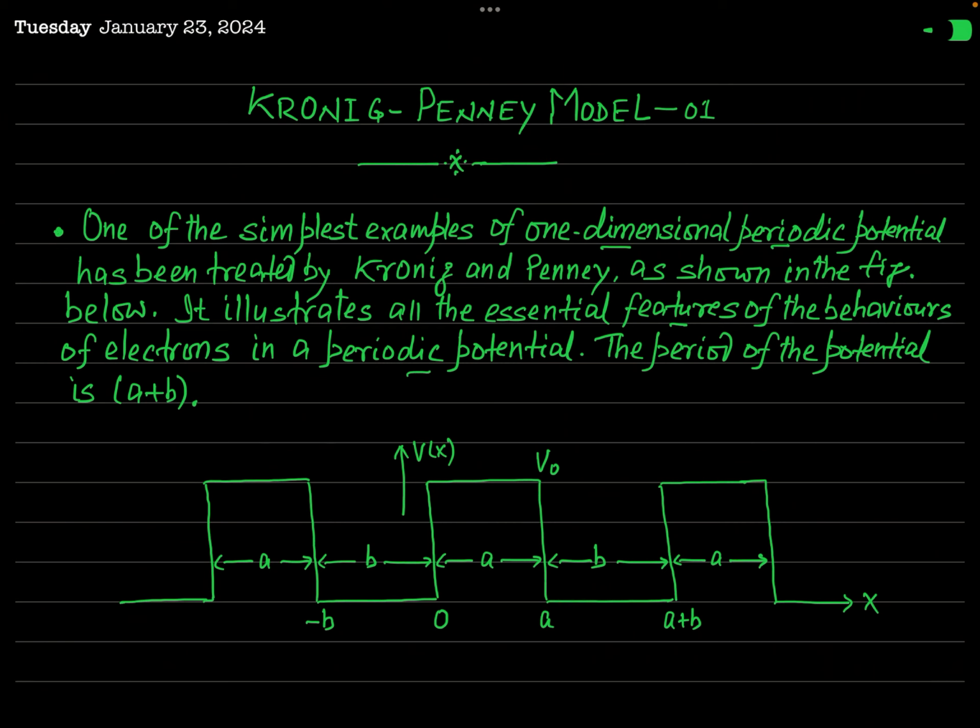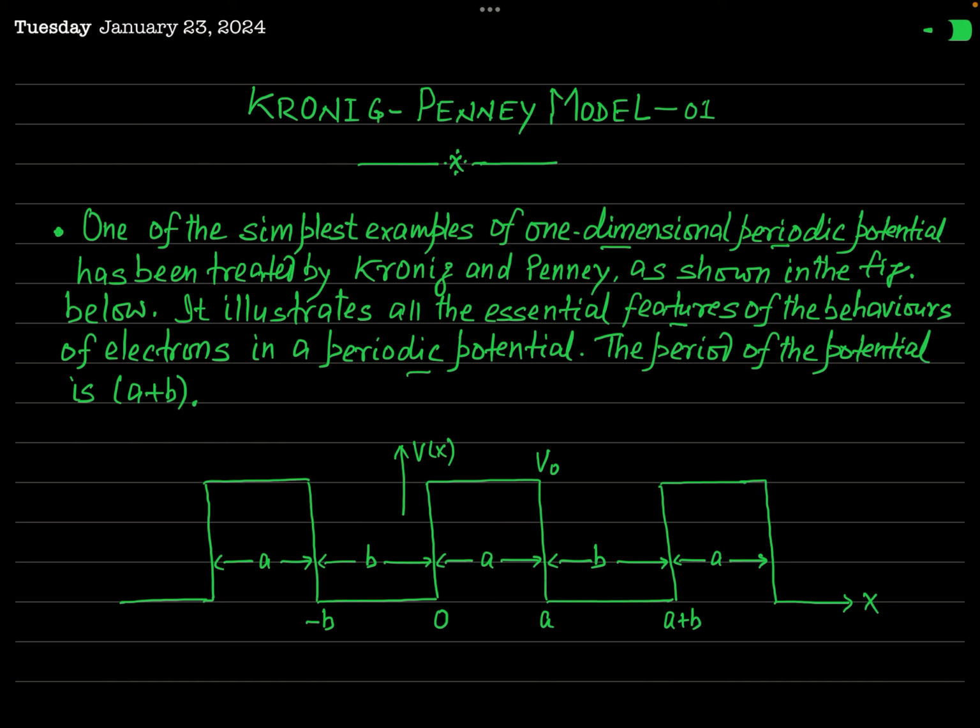As you can see in this figure, the potential energy of an electron in a linear array of positive nuclei is assumed to have the form of a periodic array of square wells.